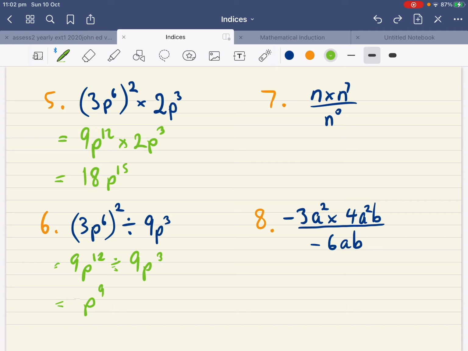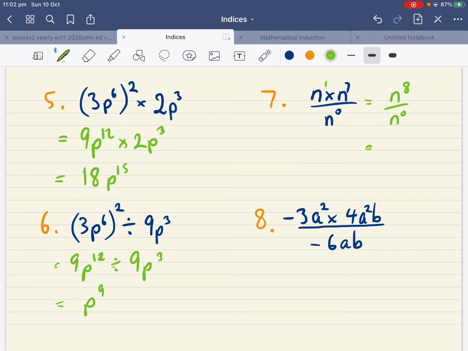All right, question 7. I'm going to use index law number 1. When multiplying, add the powers. And again, you could either treat this as index law 2 or 4 here. If you're going to treat it as index law number 2, just keep that as an n to the 0.